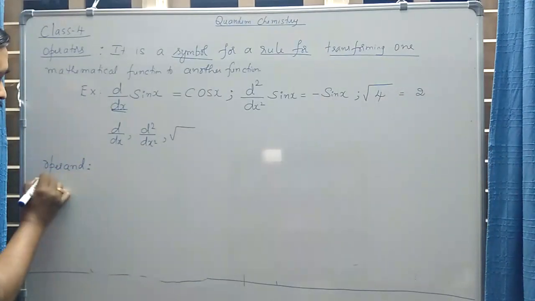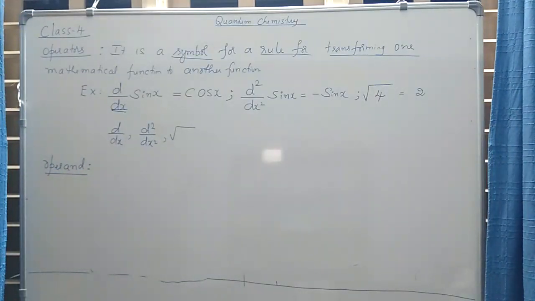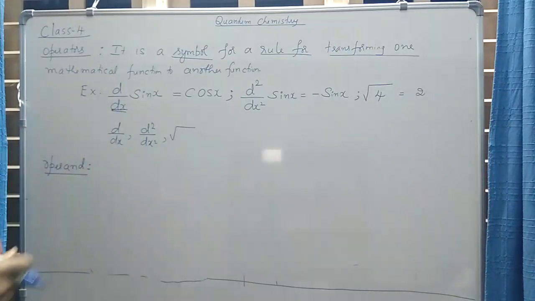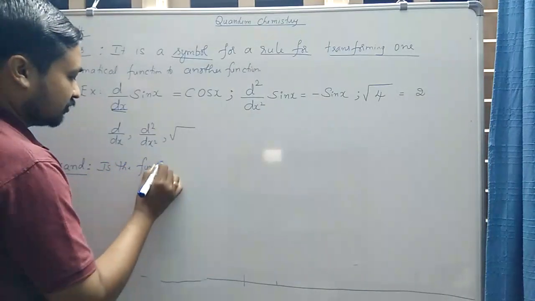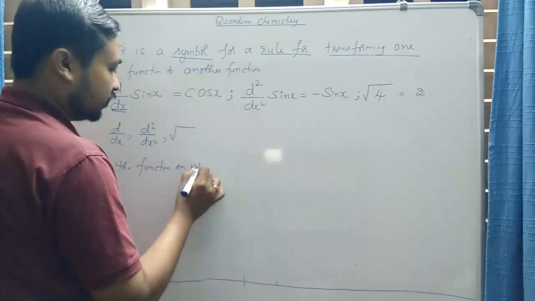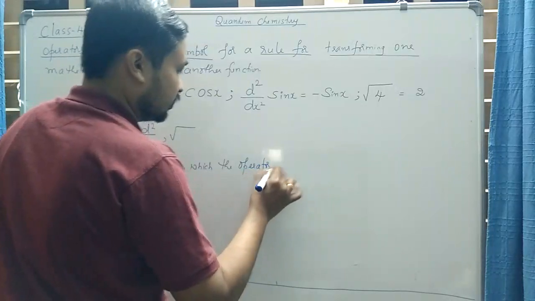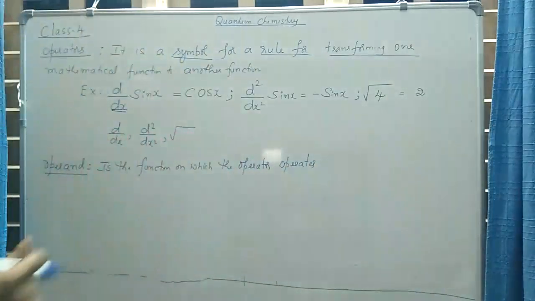Now let us define what an operand is. An operand is nothing but the mathematical function or the number on which the operator is applied. For example, here I have applied the operator d by dx on sin x. So sin x is nothing but the operand. The operand is the function on which the operator operates.